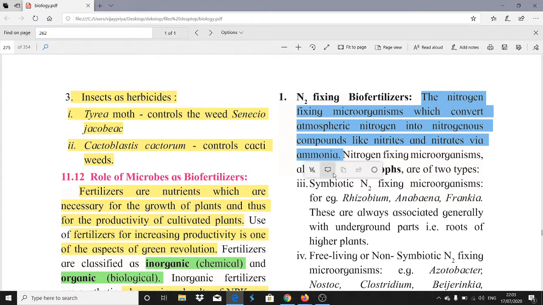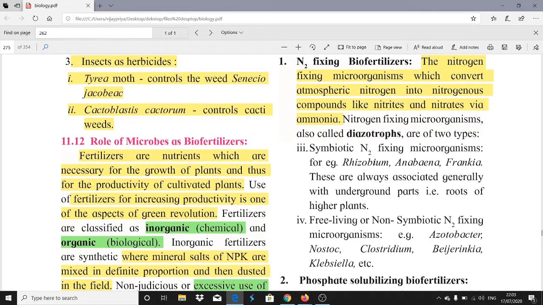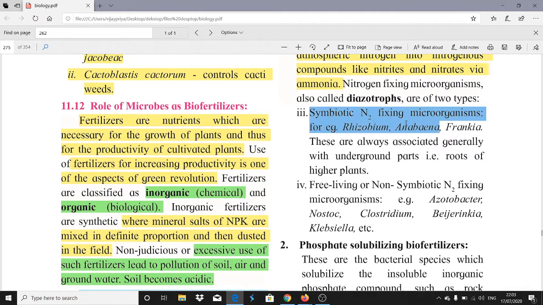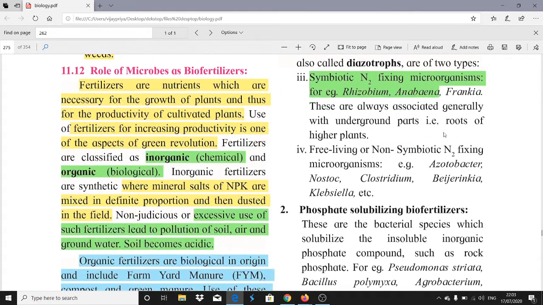The conversion is possible because of these nitrogen fixing biofertilizers. These microorganisms are called diazotrophs, and they are of two types: symbiotic nitrogen fixing microorganisms like Rhizobium and Anabaena. These are the examples.